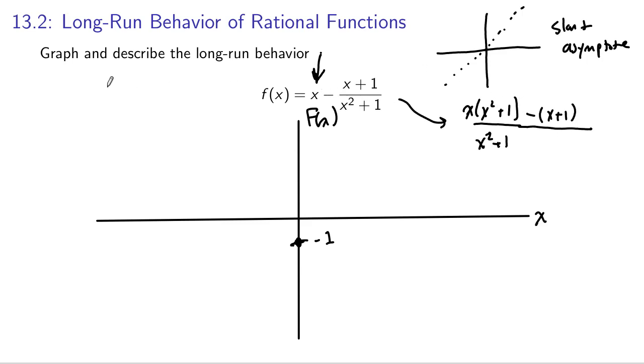So we would distribute, we get x cubed plus x minus x minus 1 over x squared plus 1. And that would give us x minus x is 0, x cubed minus 1 over x squared plus 1.